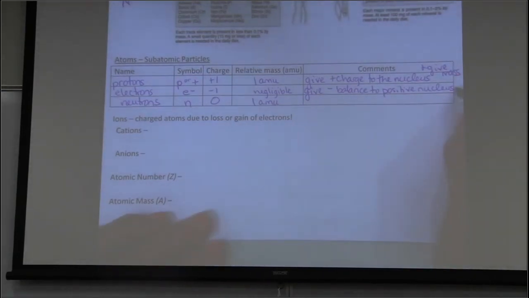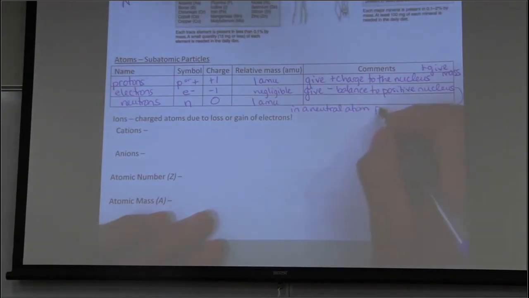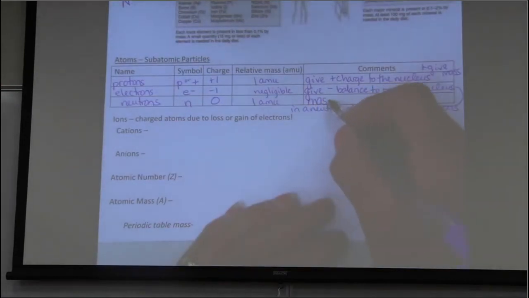I want to add a little bit more to that. In a neutral atom, protons equal electrons. And then neutrons are the mass.